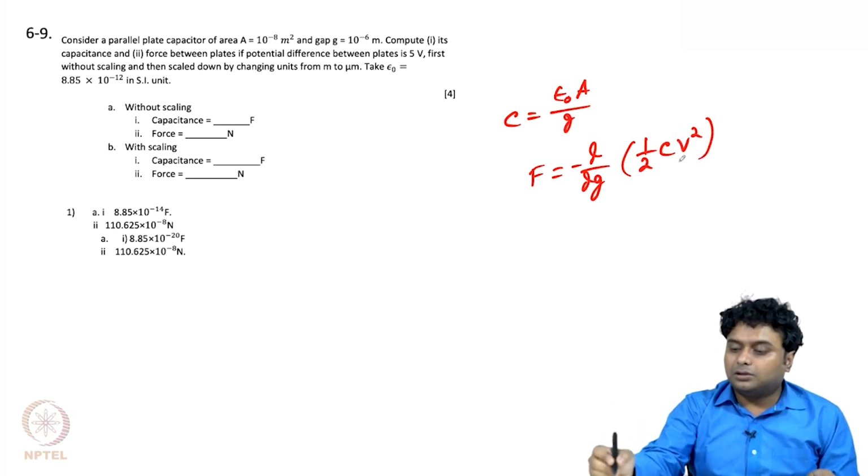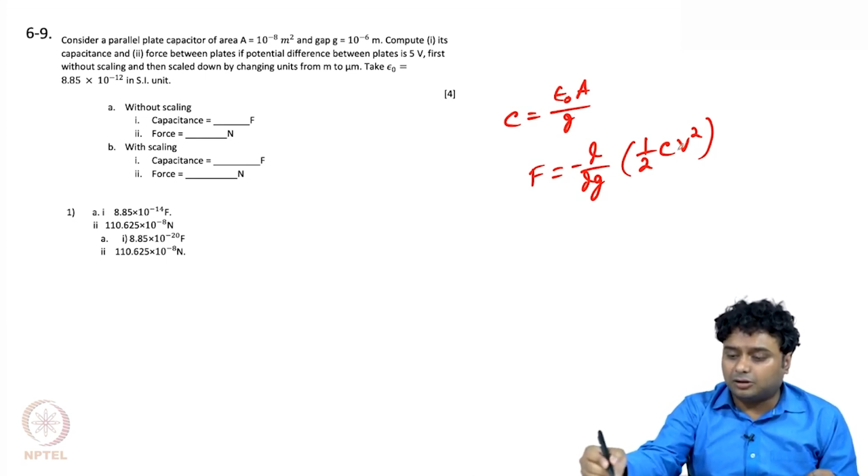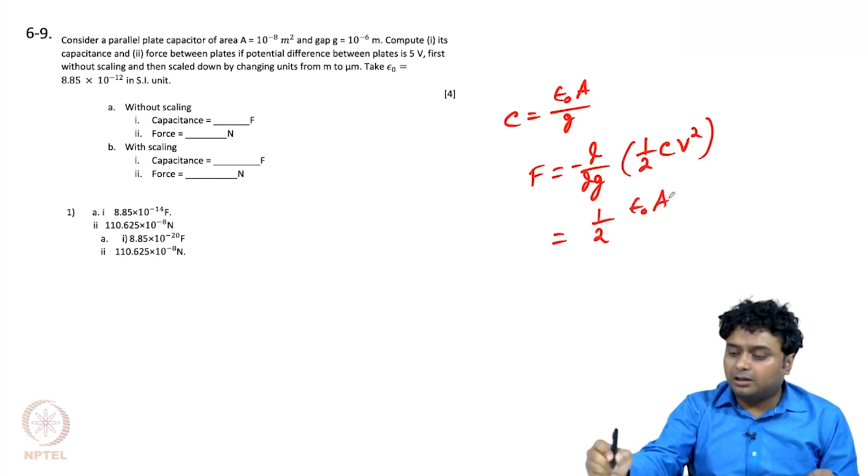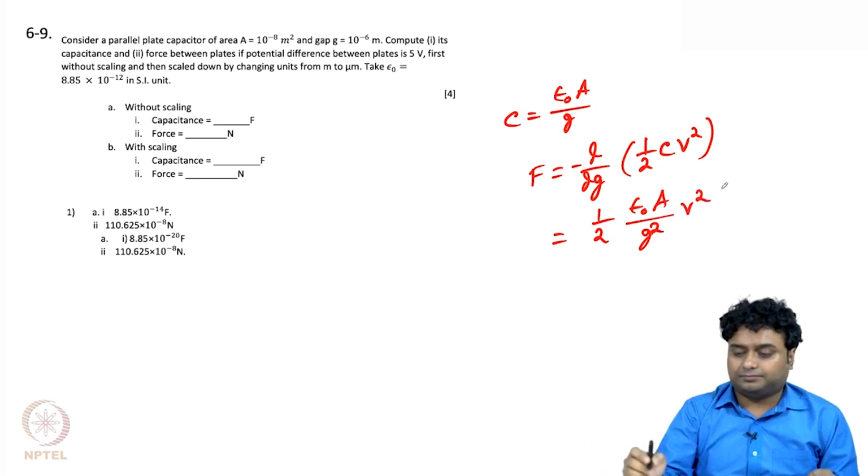So if you calculate with C equal to epsilon naught A by g, the minus will get cancelled, so you will get half of epsilon naught A by g square and on top V square, right, that is the force.